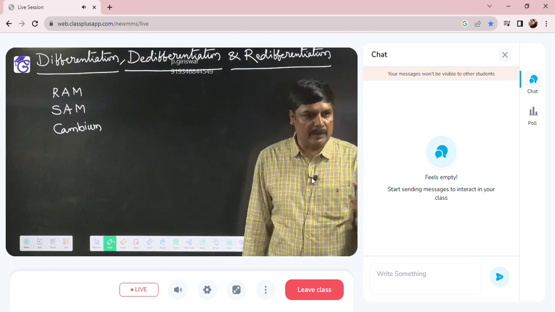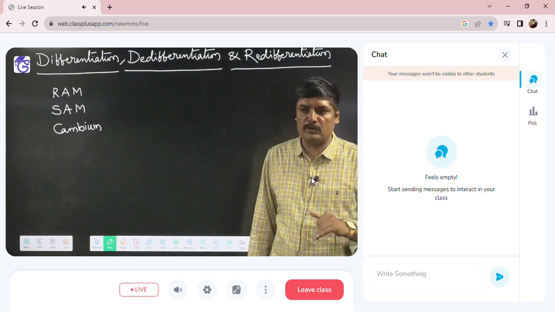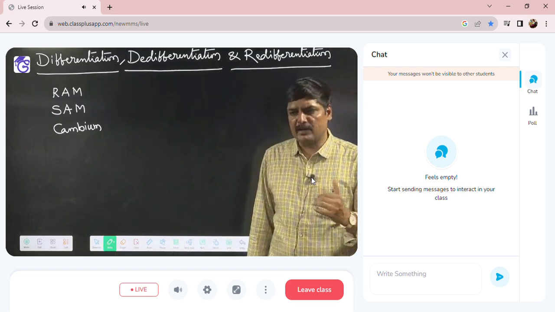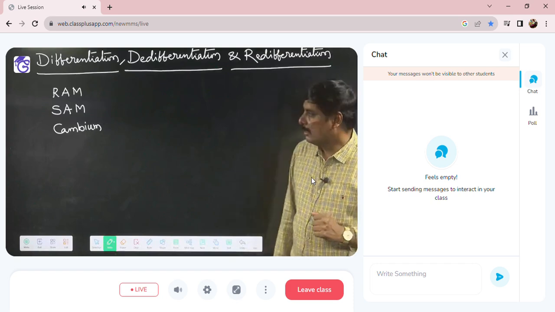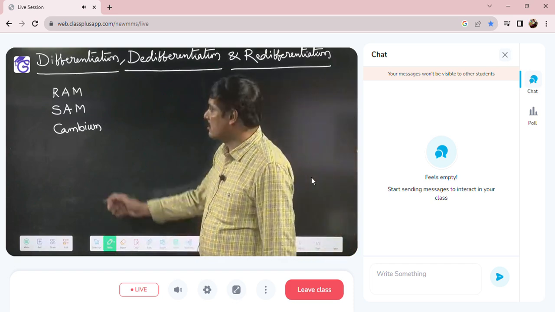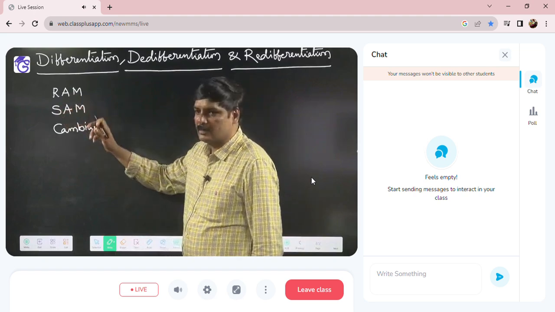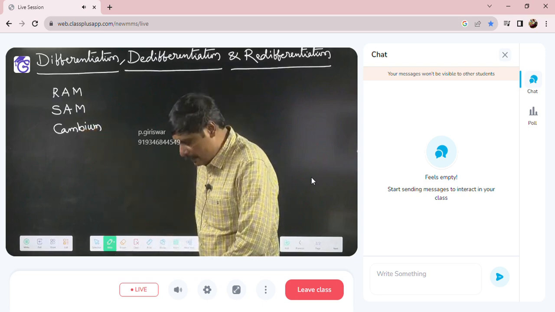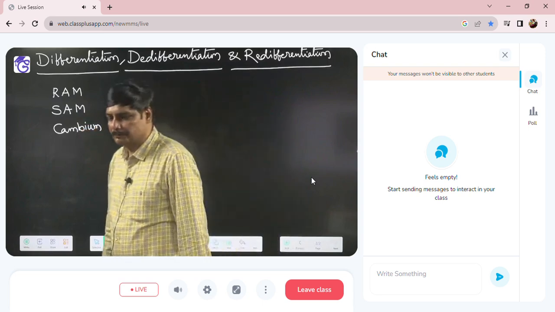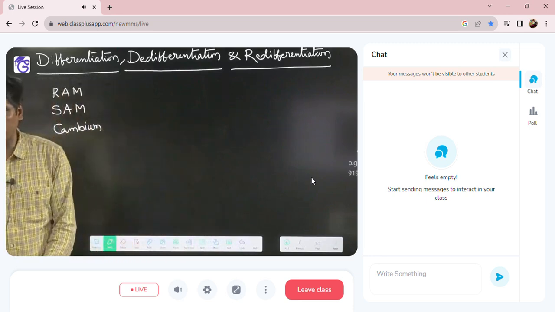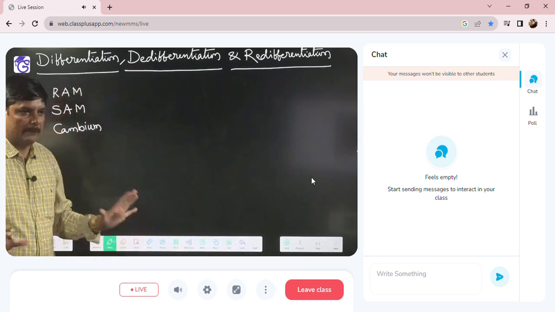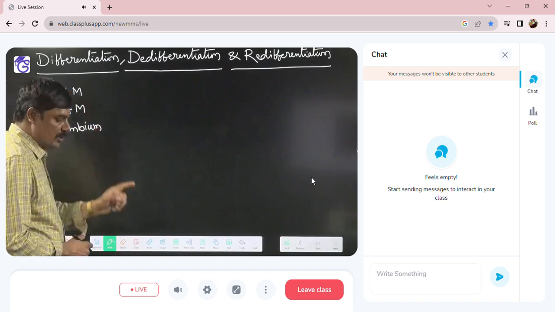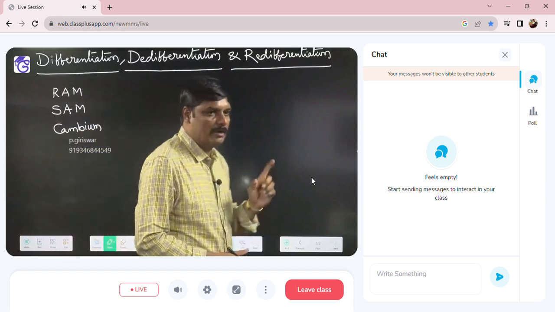Because generally in dicots and gymnosperms, not in all plants, secondary growth is present. But primary growth is present in all plants. So primary growth is caused by primary meristems called RAM and SAM, and secondary growth is caused by lateral meristems called vascular cambium and cork cambium. That means the property of any meristem is to divide and form new cells.